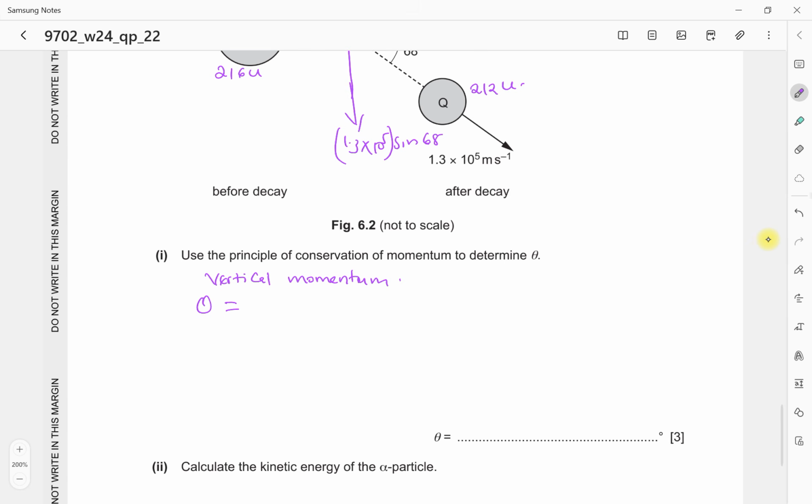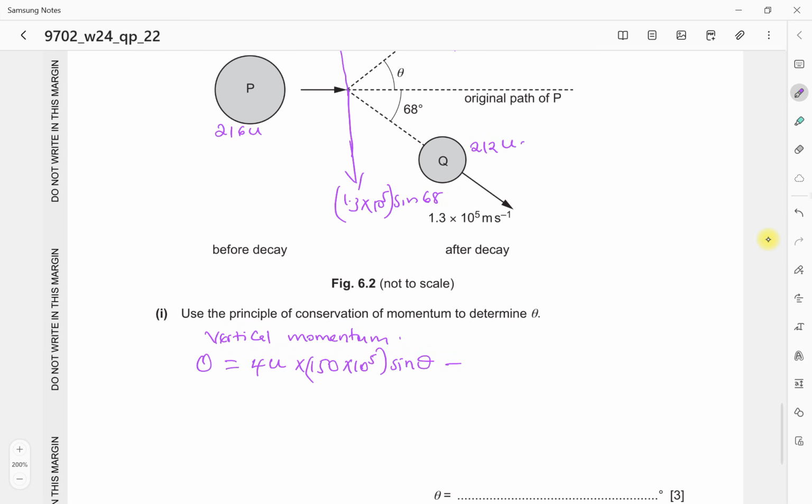So for the alpha, it is 4 times u, that is the mass, times the speed, which is 150 times 10 to the power of 5 sine of theta, minus, because the alpha is upwards, the other one is downwards. Downwards we have 212 u times 1.3 times 10 to the power of 5 sine of 68.